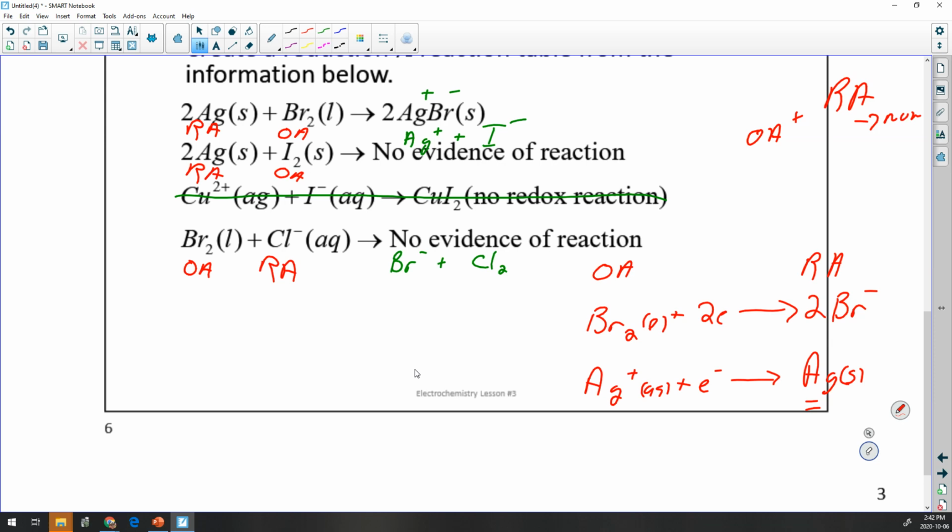Because it's non-spontaneous, my iodine goes down here. And again, because it's a diatomic, it's going to form two iodide ions, and therefore I need two electrons.